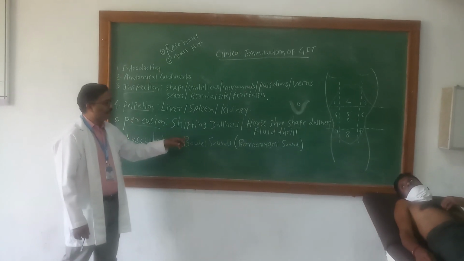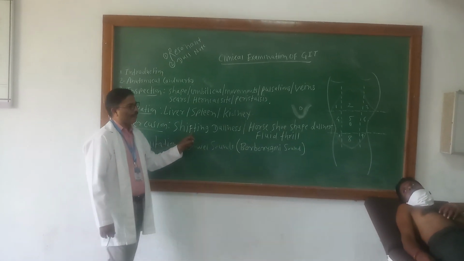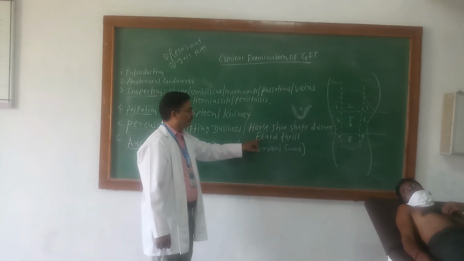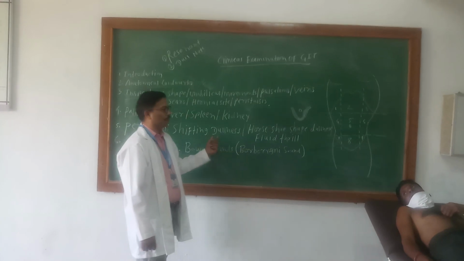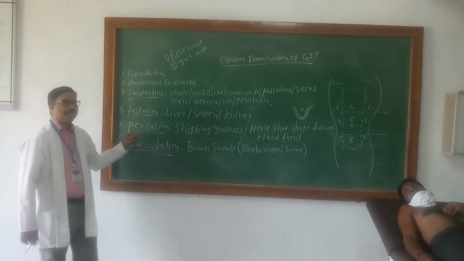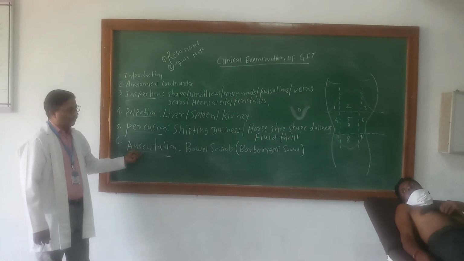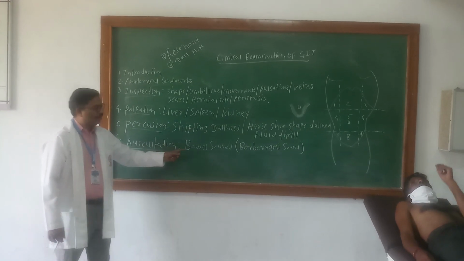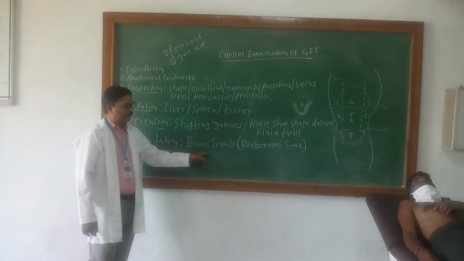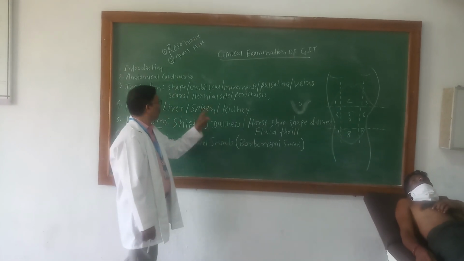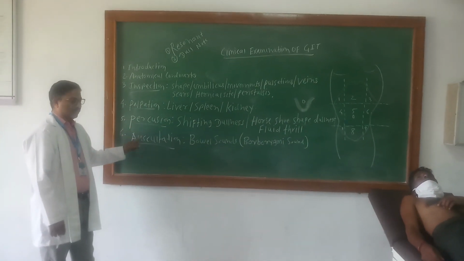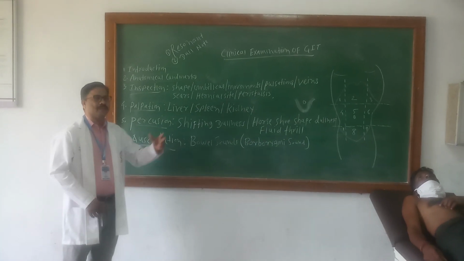Percussion, again 3 things: shifting dullness, horseshoe-shaped dullness, and the fluid thrill. So these are the 3 things we are going to examine under percussion. And auscultation: we have to auscultate the abdomen for bowel sounds, which are also called borborygmi. Palpation, percussion, auscultation, I will demonstrate on the subject.